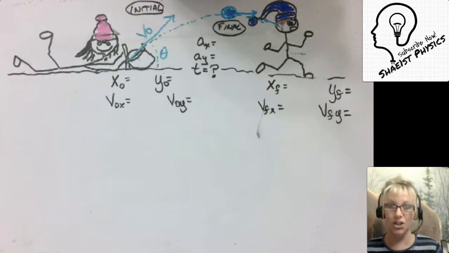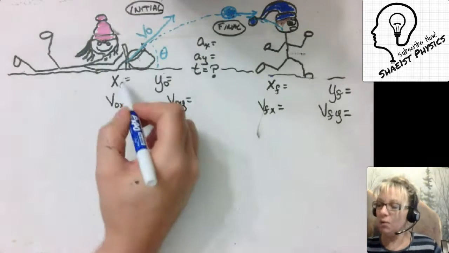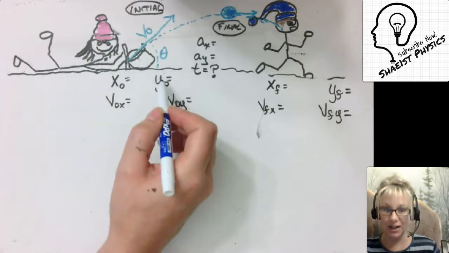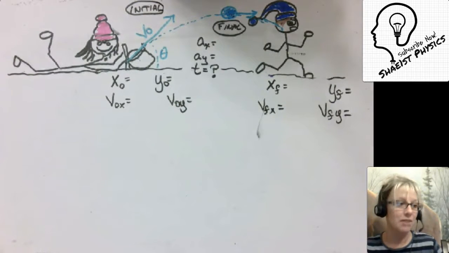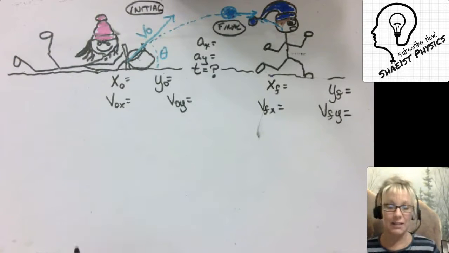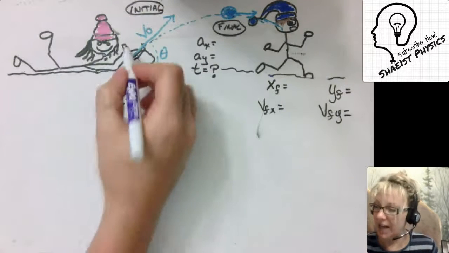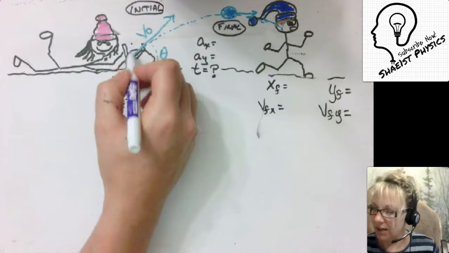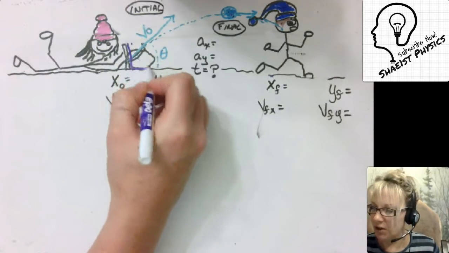Now we're going to take each variable at a time. When we talk about the position, well, we can't talk about a position until we have a coordinate axis. I'm choosing to put the coordinate axis right here, right where that snowball starts.